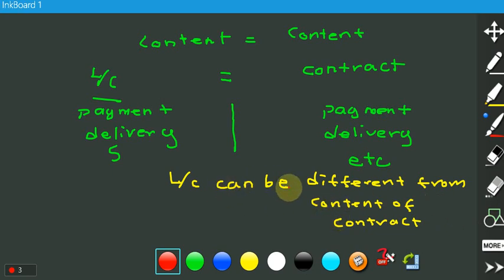Even if they are different, that is okay. That is what we call the independence principle.